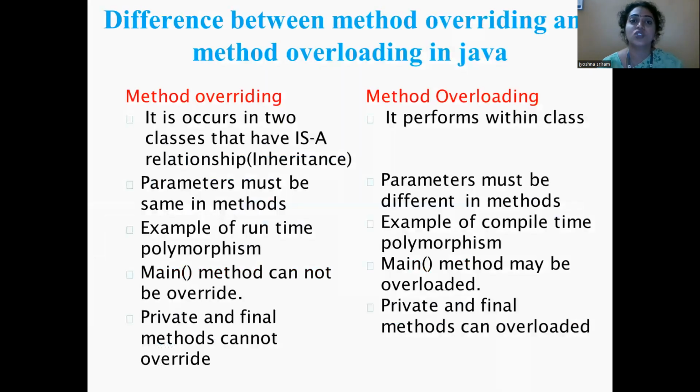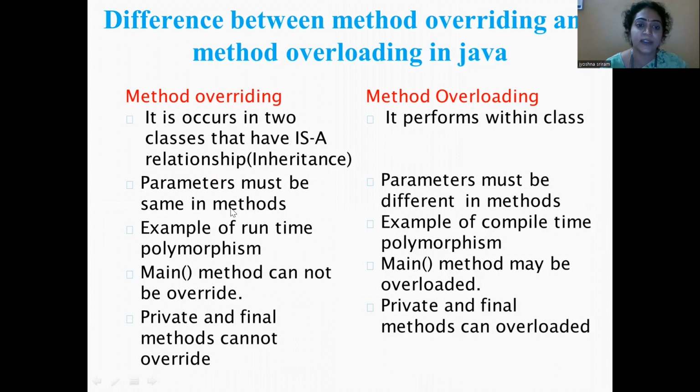Next, coming to the differences between method overriding and method overloading. Method overriding occurs in two different classes, and those two classes should have an is-a relationship. Method overloading is performed within a single class.